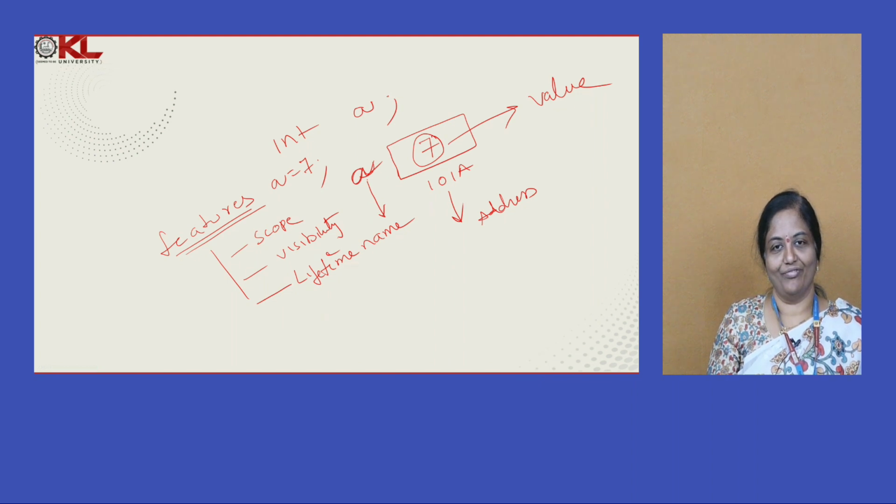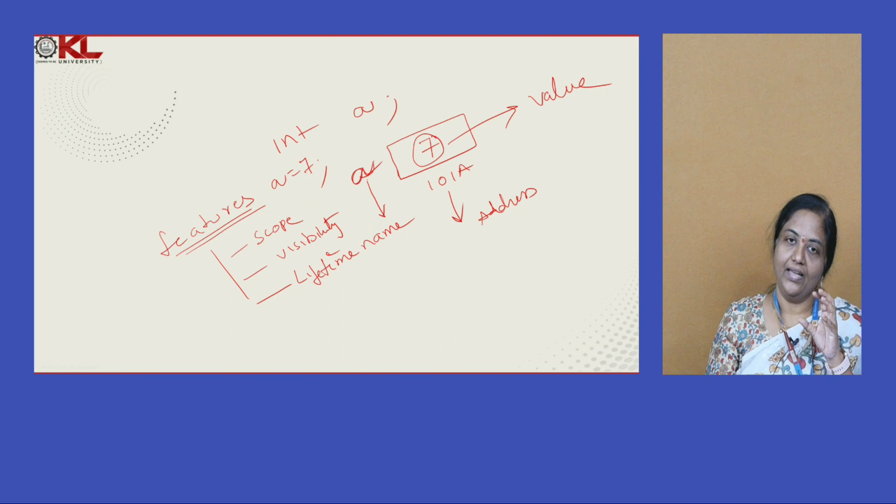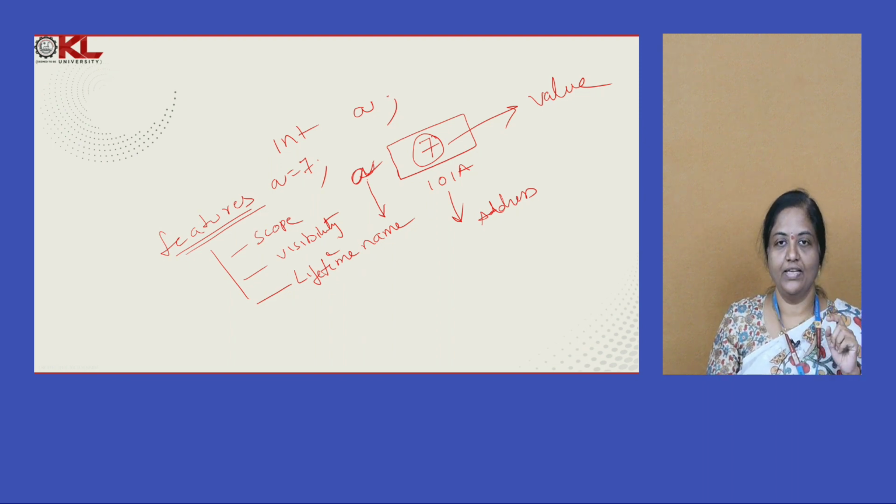What is the life of a variable? You may wonder, is it a living thing? Then what is the lifetime? Lifetime means how long it is going to retain or preserve the value. Here the value of A is 7.